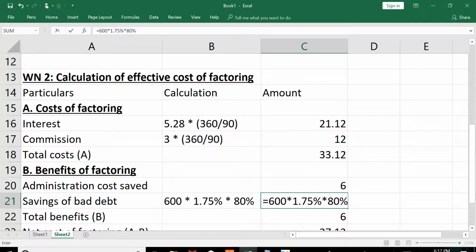This is what we save, the amount which we end up saving.